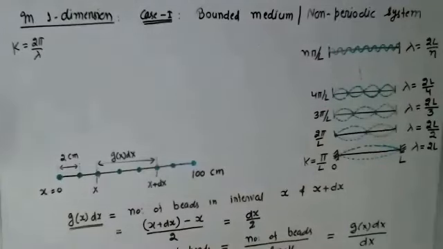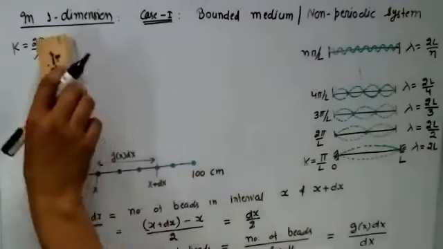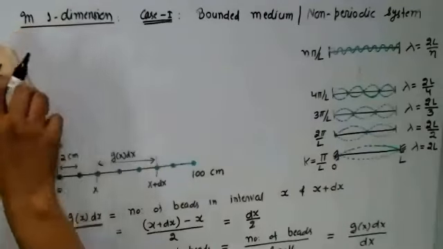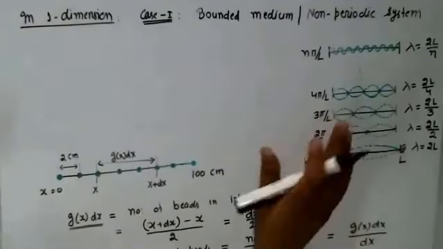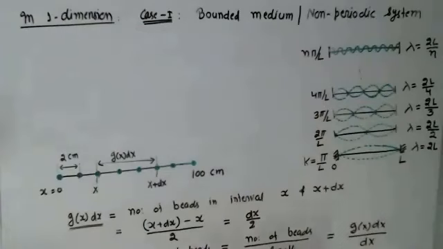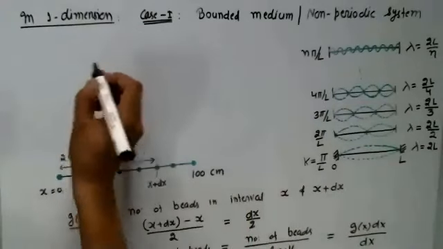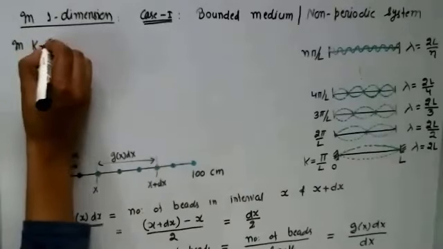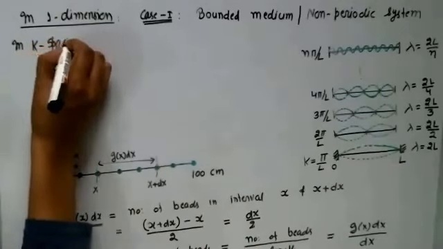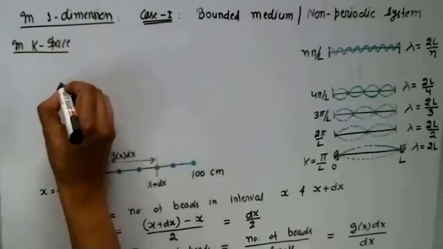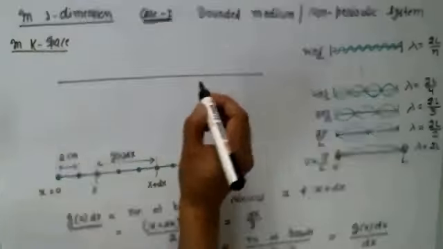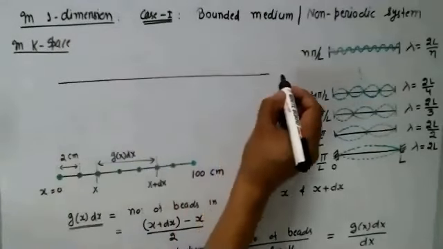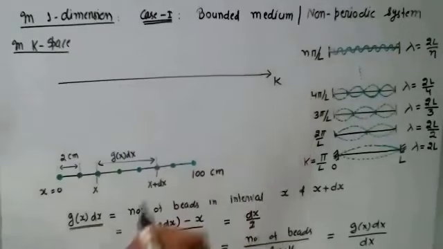Okay. So instead of writing in terms of wavelength, I have written it in terms of pi, in terms of k. Now I am going to do this calculation in the k space. So in the k space, I can define the k here. Let us say on this side k is varying.